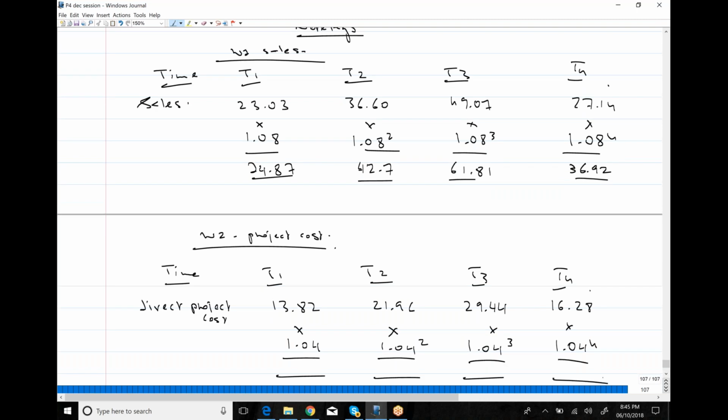So it will be 14.37, 23.75, 33.12, 19.05.